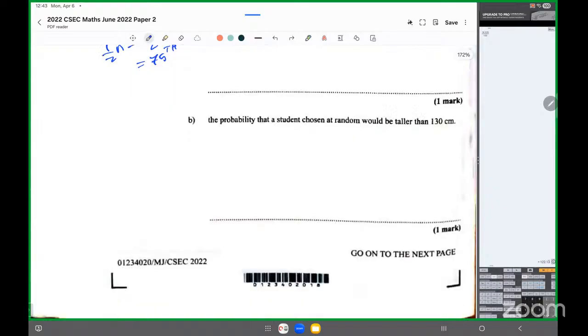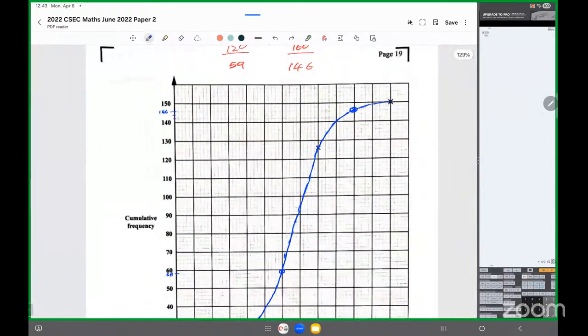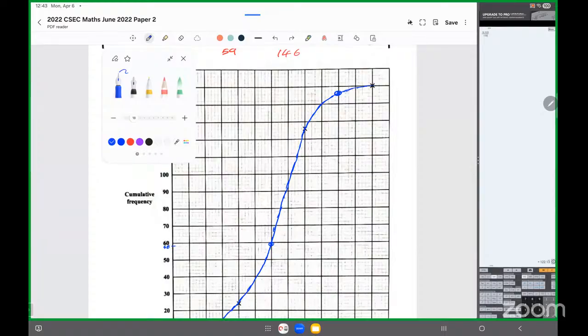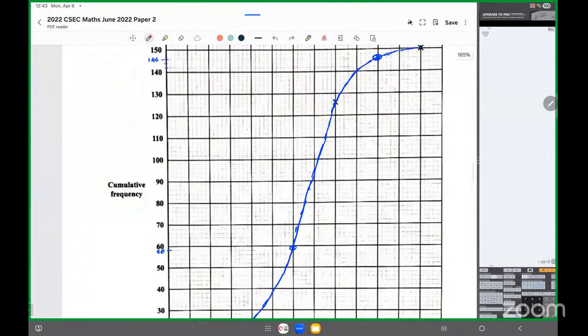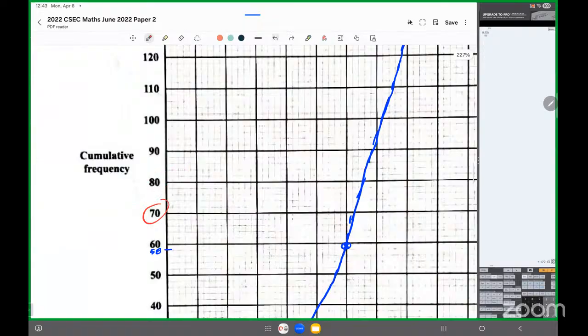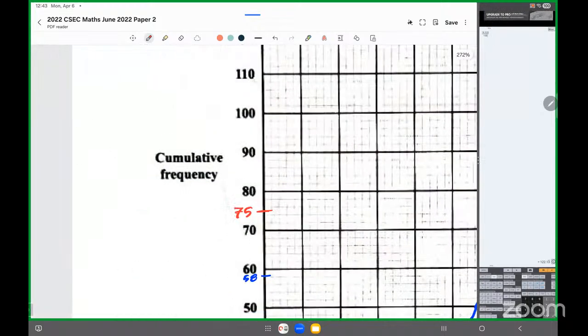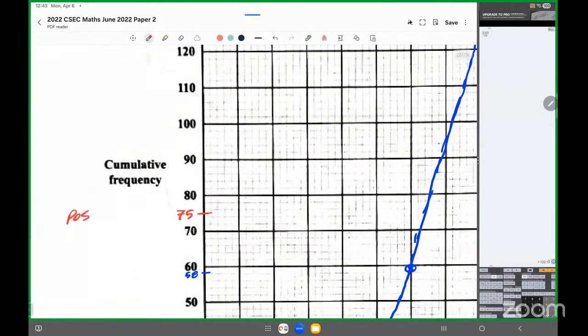So we can find the 75th student. The 150 students here, the one in the middle, use a different color, let me use the red, is Q2. That's the 75th student, between 70 and 80. The 75th student is right here. The position of Q2 is 75. That now is the position of the median Q2.